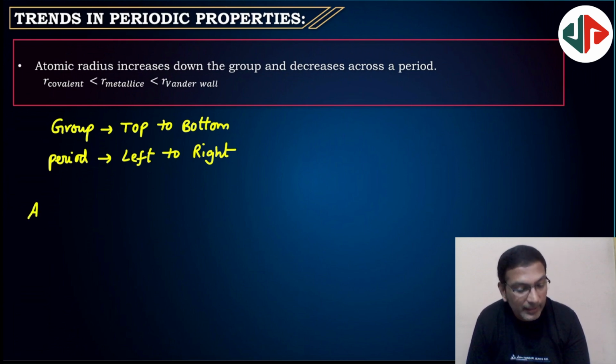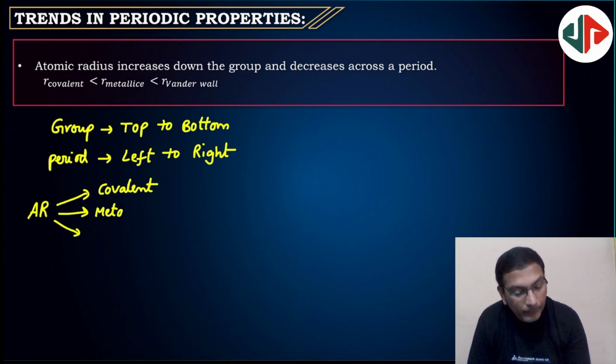In atomic radius, we have 3 types based on type of bonded atom: covalent radius, metallic or crystal radius, and van der Waals radius.